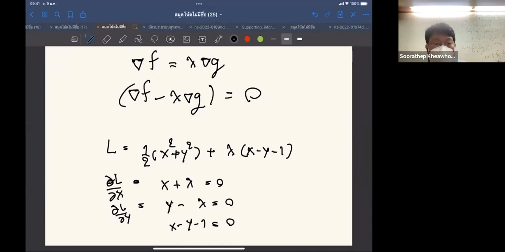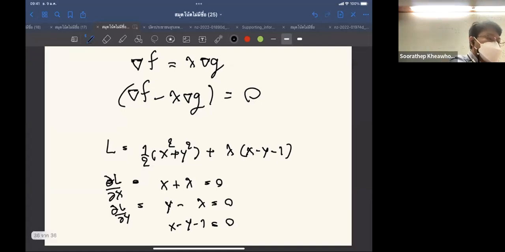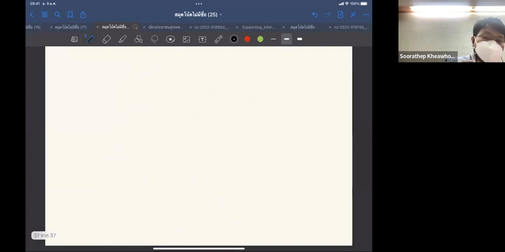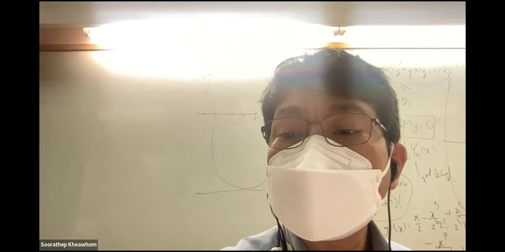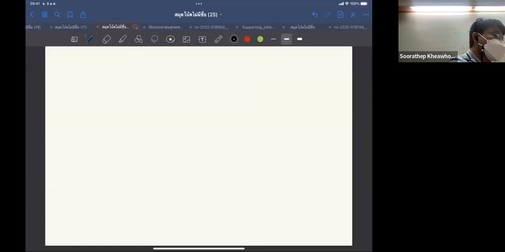Now, what happens if we have multiple constraints? For example, we have minimize f(x). I can say f(x) only. x can be a vector.